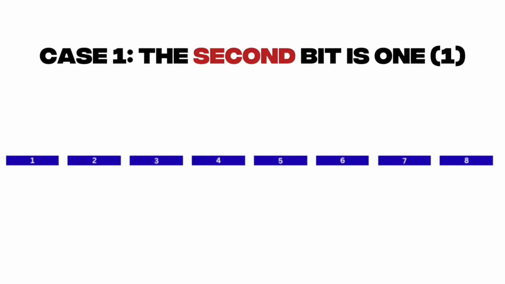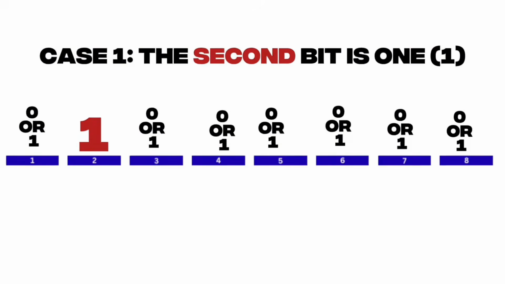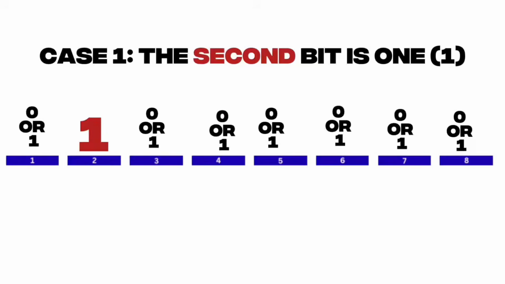We're setting the second bit as 1. The other bits, the first, third, fourth, fifth, sixth, seventh, and 8th, can either be 0 or 1. So there's 2 possibilities for the other bits. However, for the second bit, since we're setting it as 1, there's 1 possibility.